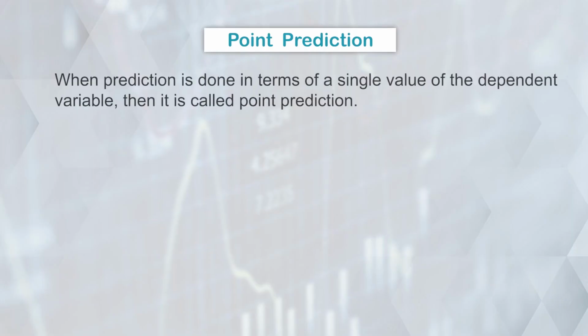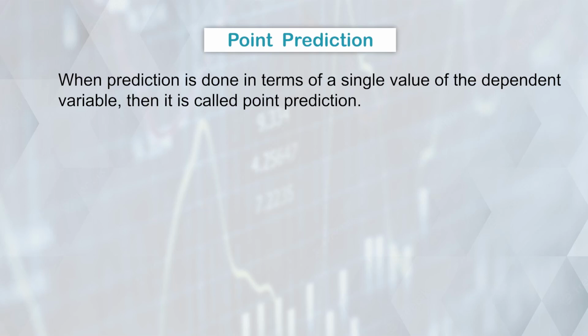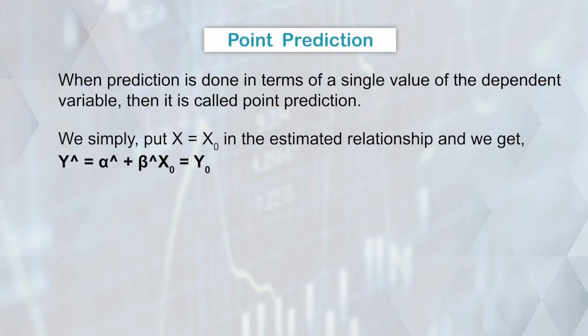Now when we go to the point prediction, we basically look at a single value. When the prediction is done in terms of a single value of the dependent variable, it is called point prediction. So simply, we have the equation y hat equals alpha hat plus beta hat x.